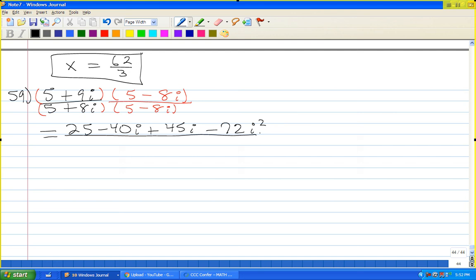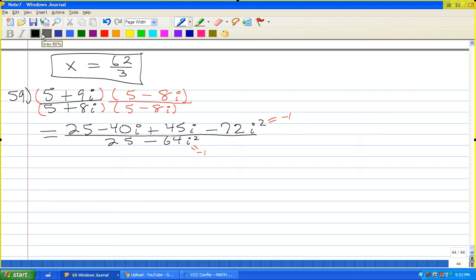Well, in the denominator, this is the product of the sum and difference of two terms. And so it's just the difference of their squares. 5 squared, 25. 8 squared, 64. I squared, well, remember that i squared is negative 1.